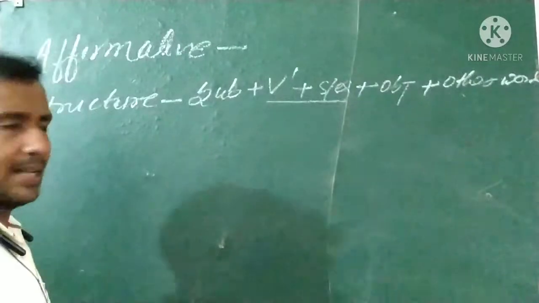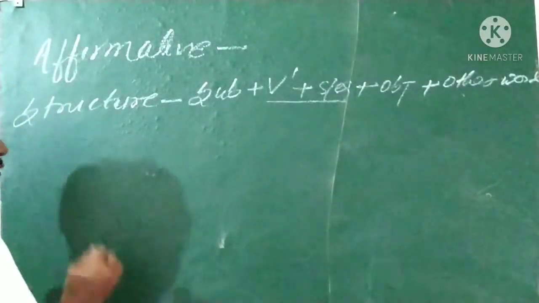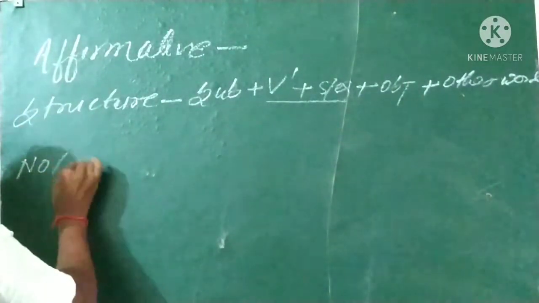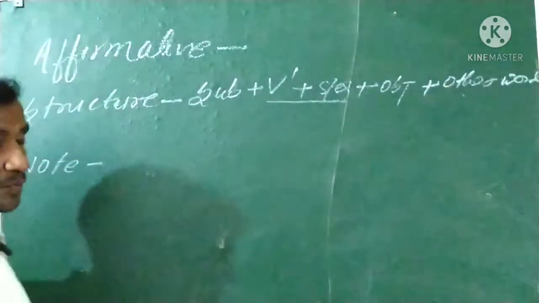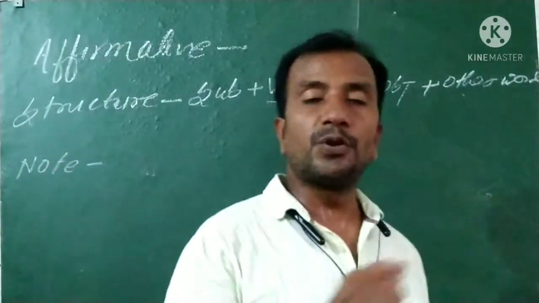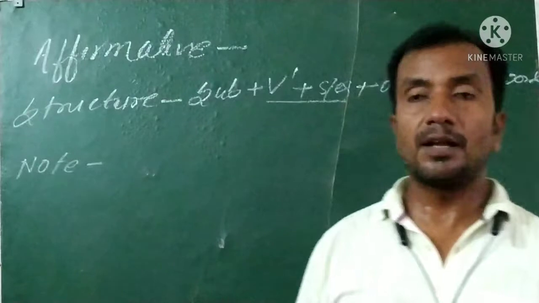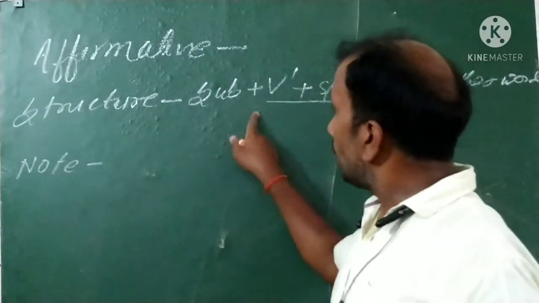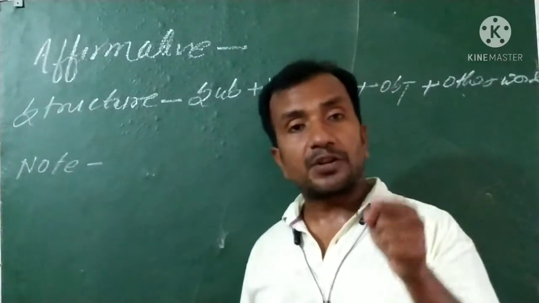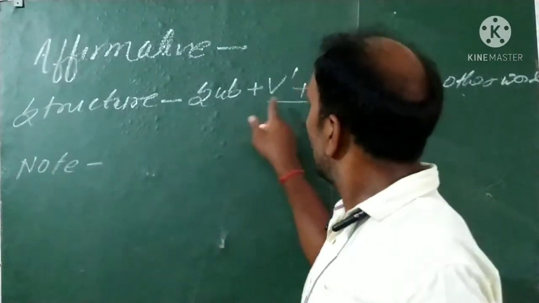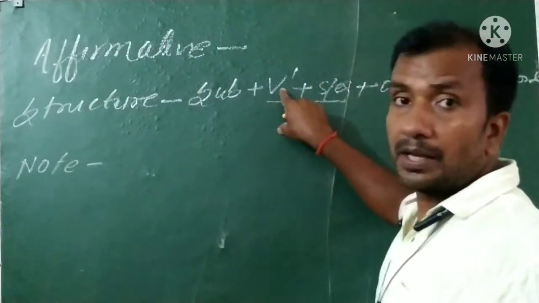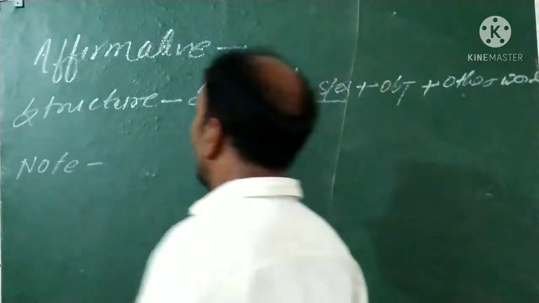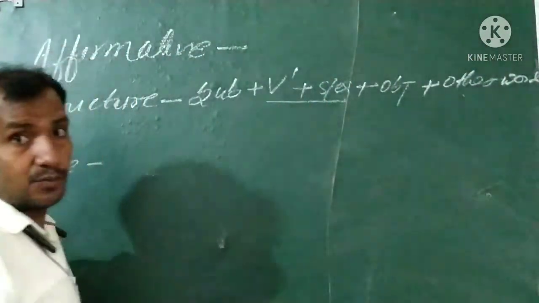You know, all of you, that naturally you can write here the note: naturally the verb is in plural form. And if you want to use a verb with a singular subject, you have to change the verb into singular form. For that you have to use S/ES with the verb.